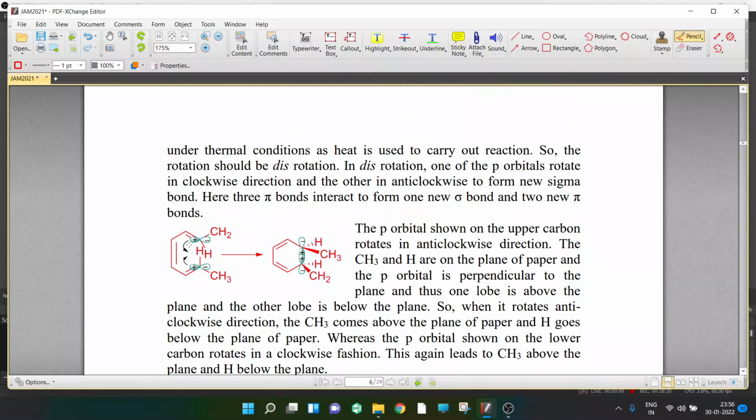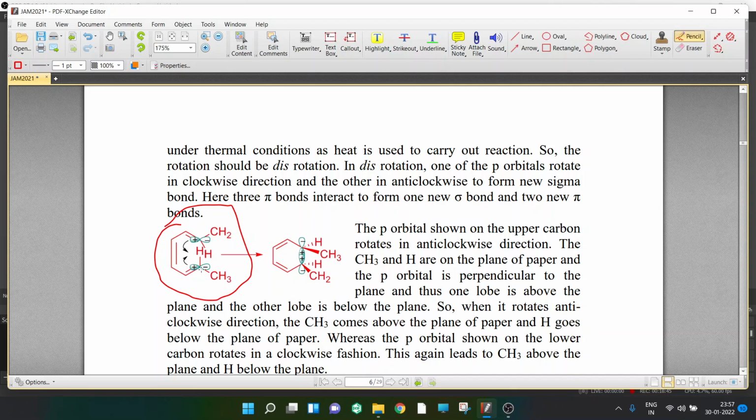So now these two are there. So this p orbital, imagine this whole thing is on the screen on which you are seeing. That means this p orbital has to be perpendicular. That's how it is sp2 hybridization. That means one of the lobes is coming outside the screen, another lobe is going inside the screen. Similarly, one of the lobes is coming outside the screen, another lobe is going inside the screen.